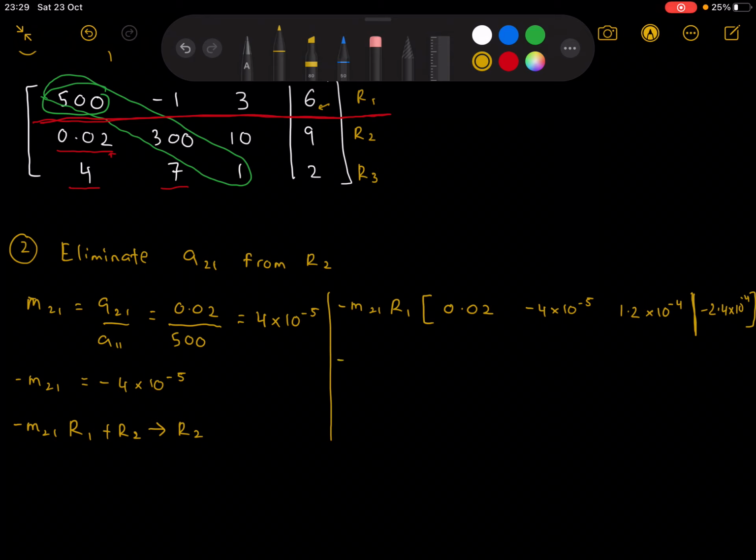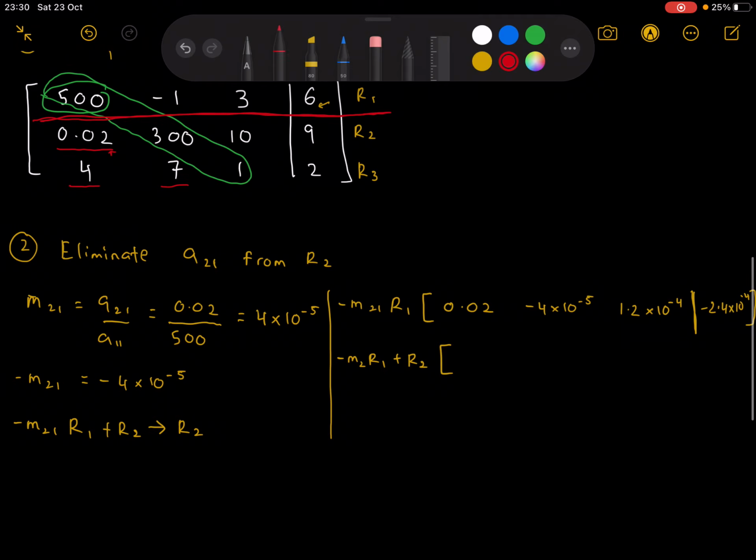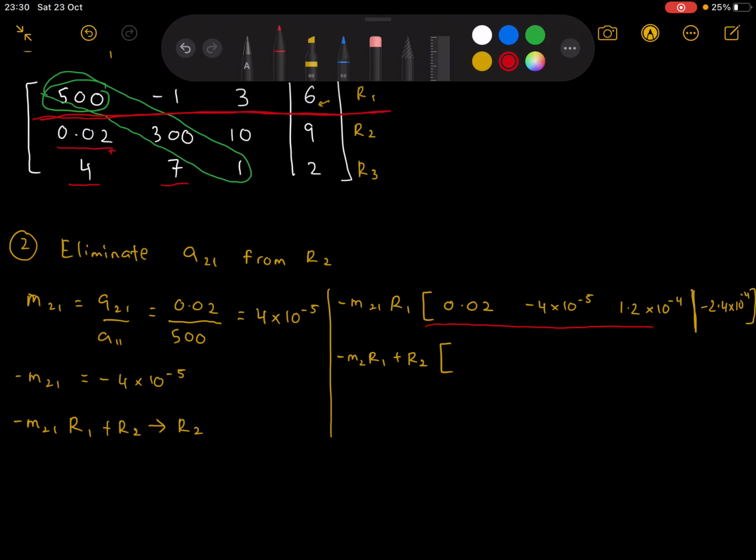So negative M21 R1 plus all the values from row 2. We're going to use this value plus all the values from row number 2.